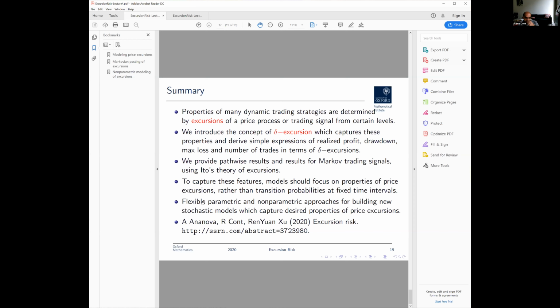This leads to an analytically explicit class of models which can have asymmetric excursions, your favorite distribution of heights or durations. So that's one approach, which is still very analytical. And then a second non-parametric approach, which lends itself to easy simulation and makes very few assumptions on the data. In fact, the only assumption is really ergodicity. Both approaches can be useful for the applications we described in the first lectures.